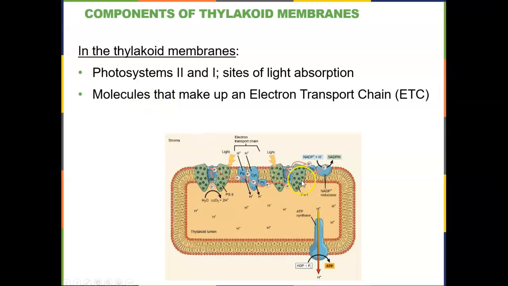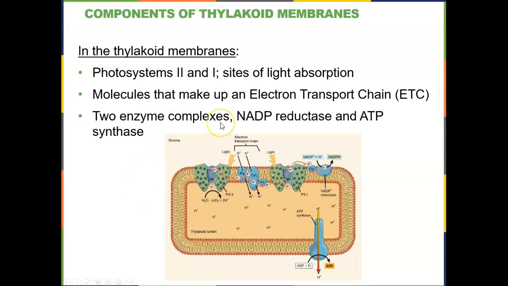Now, in between the two, we have an electron transport chain. So electrons are going to be gathered up by both photosystem 2 and photosystem 1, and there's going to be a passing of these electrons through the entire electron transport chain, and we're going to eventually make NADPH using those electrons.